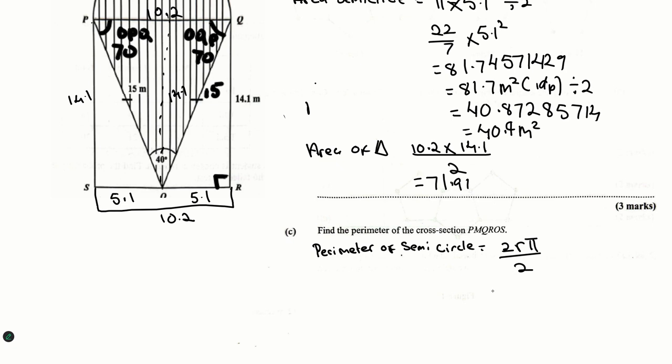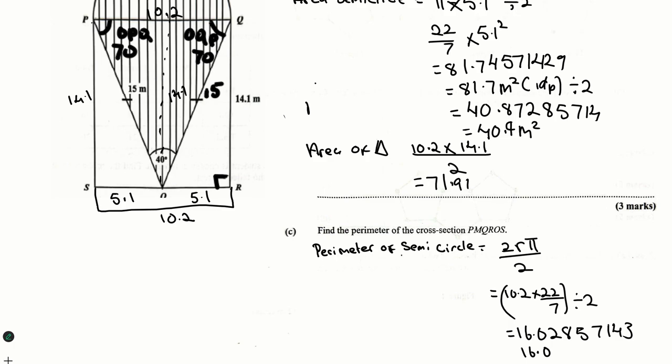We already found the diameter to be 10.2, so I'll just put 10.2 multiplied by 22 over 7, and then all of this you're going to divide by 2. Put exactly that in a calculator: 10.2 multiplied by 22 over 7, divided by 2 is 16.02857143, which we will leave as 16.